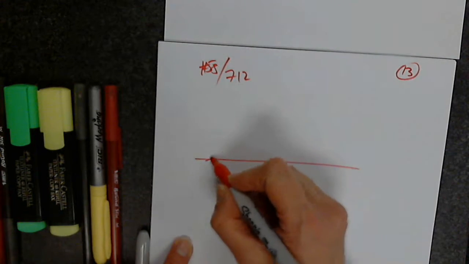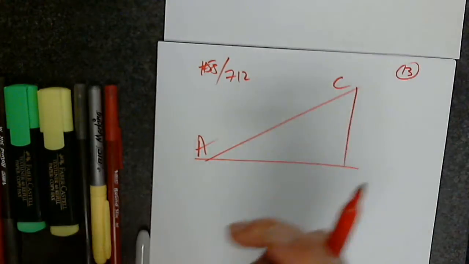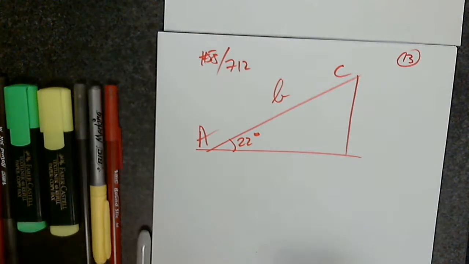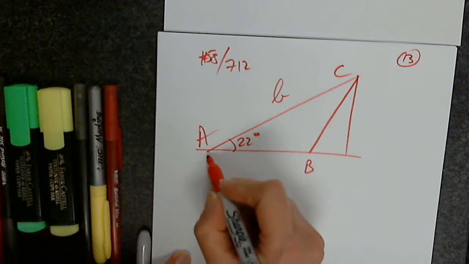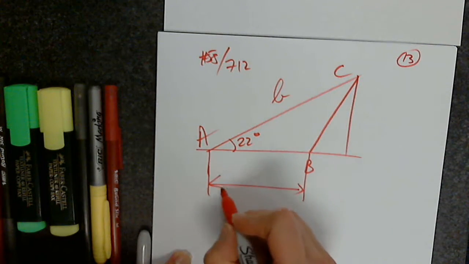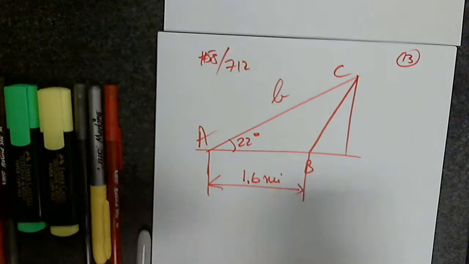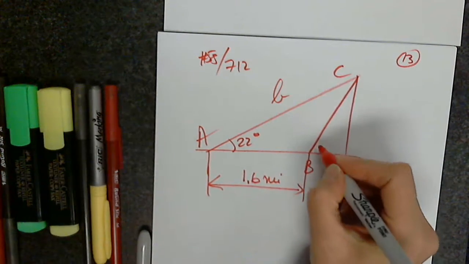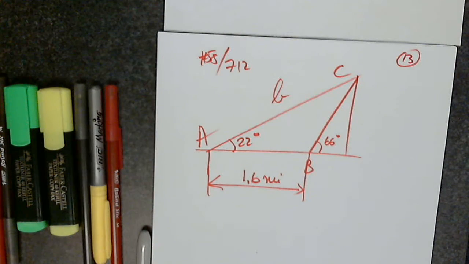The figure at the top of the next page shows a cable car that carries passengers from A to C. Point A is 1.6 miles from the base of the mountain. The angles of elevation from A and B are 22 and 66 degrees respectively.